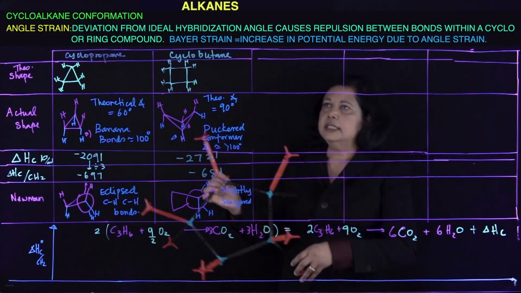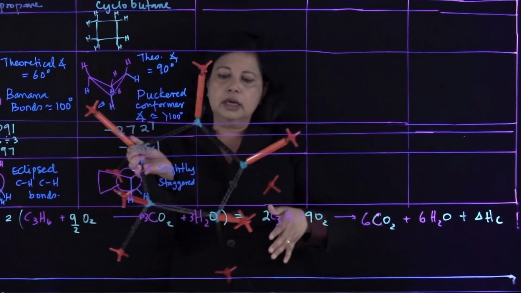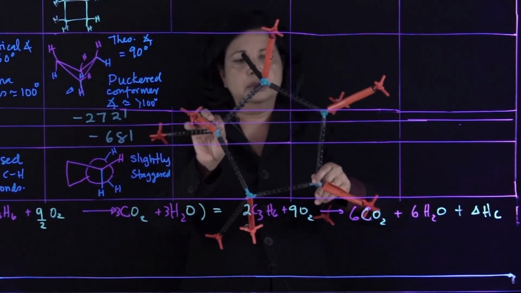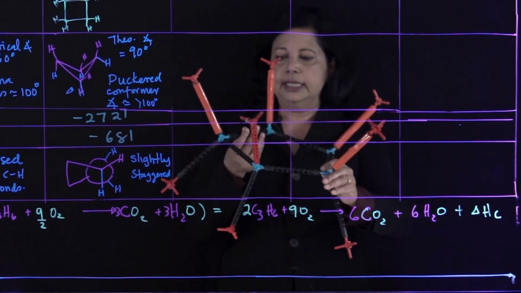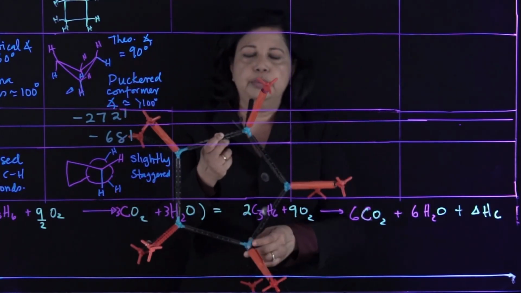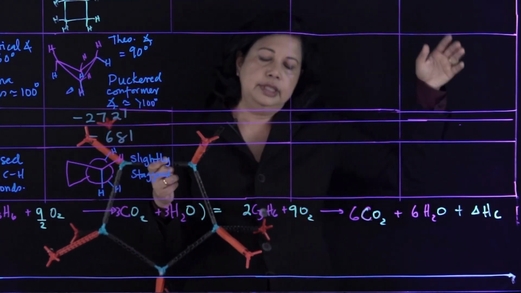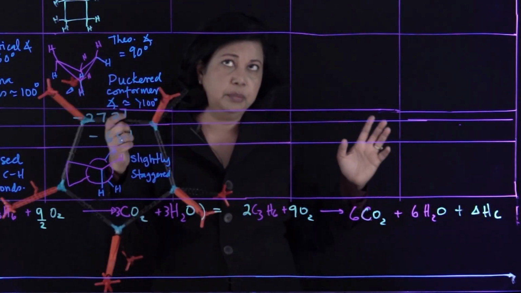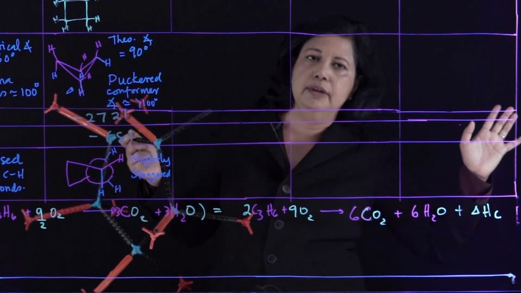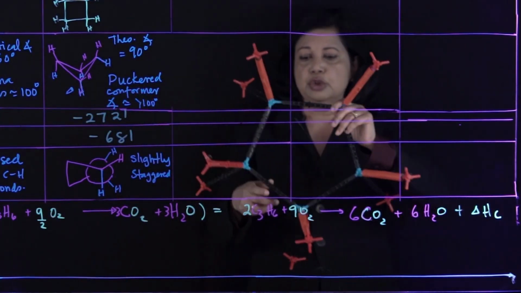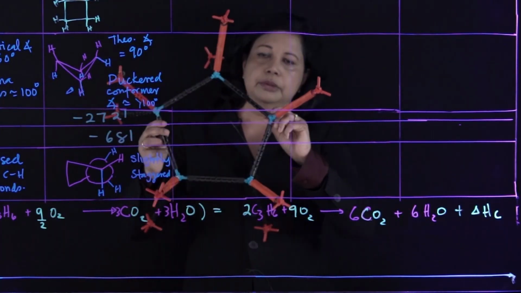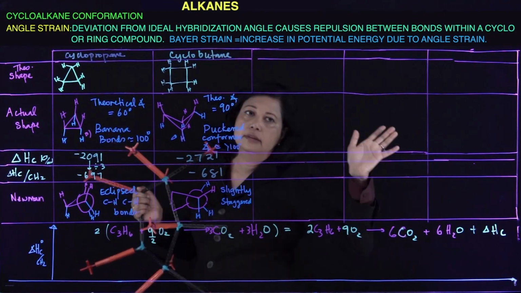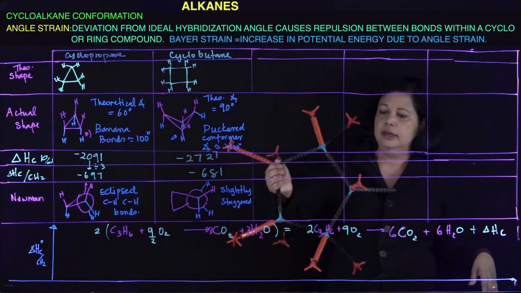Let's go to the next homolog, which is going to have 5 carbons. And so if you have 5 carbons, then the angle is going to be 180 minus 360 over 5. That's going to be 108, which is kind of perfect because 109.5 is what you want. So the angle strain here would be almost 0 because it's almost the ideal hybridization angle. There's really no deviation there.